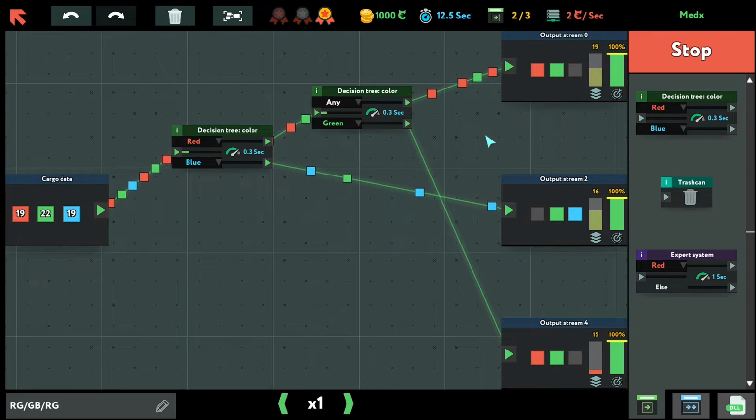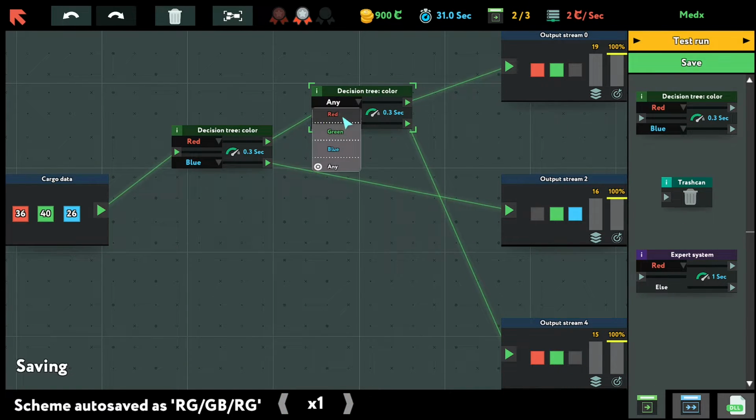Ah, yes, that seems to have definitely raised this one's priority. But then we're waiting on this one to fill. What if I set this one to red?